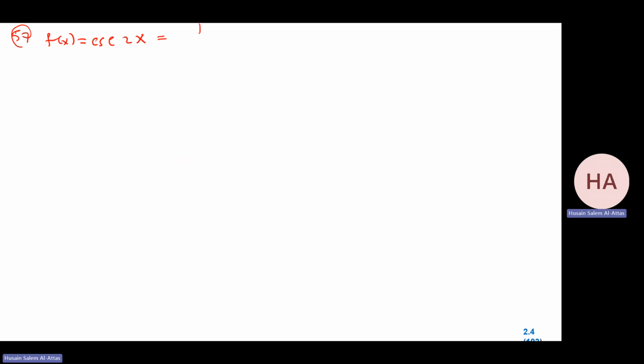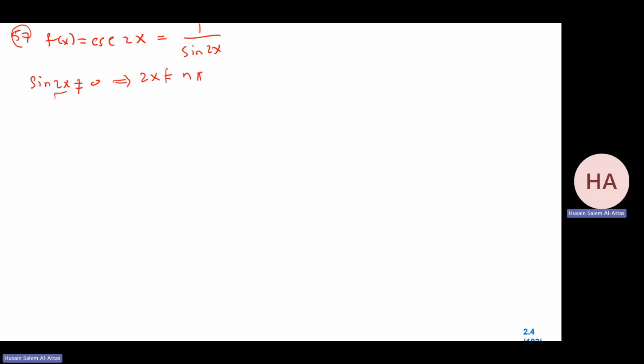If you notice, this function is 1 over sine 2x. So I need to avoid sine 2x equals 0. It should not be equal to 0. When sine 2x equals 0, that means 2x equals n pi.